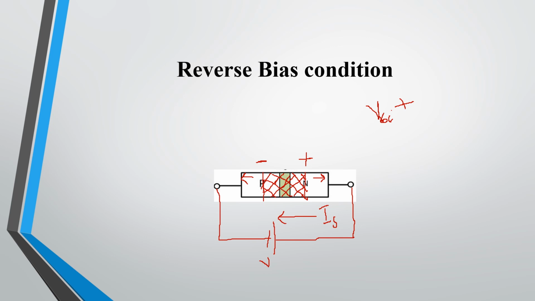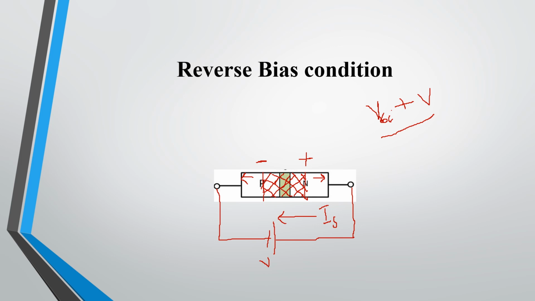Since we are connecting negative to the P side, where we have negative fixed charges, and positive to the N side, where we have fixed positive charge, this barrier potential VBI will be widened. This is satisfied by this expression as well.